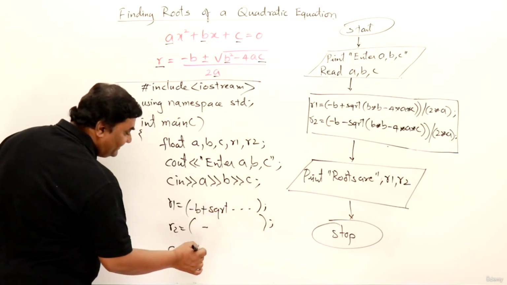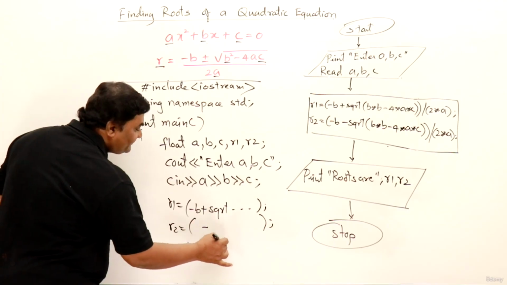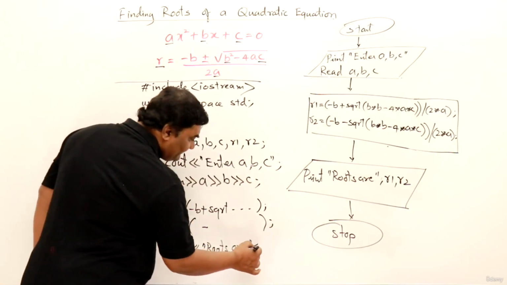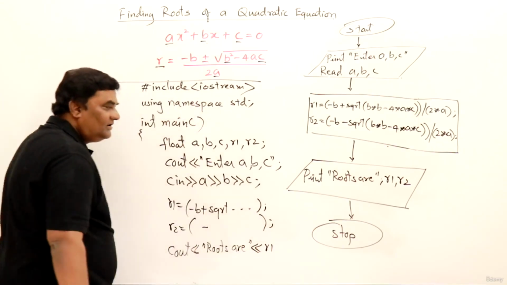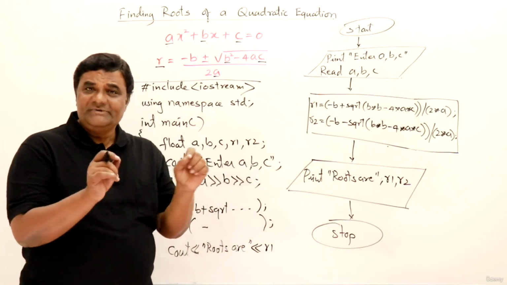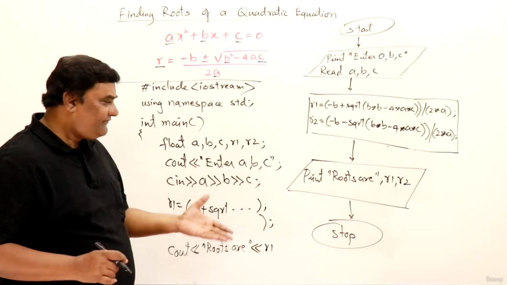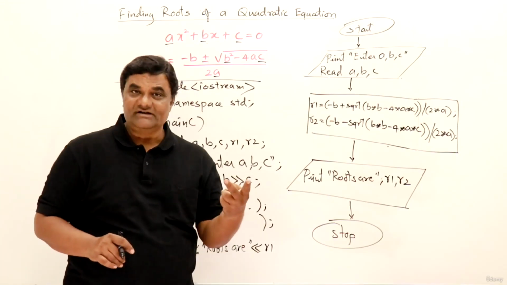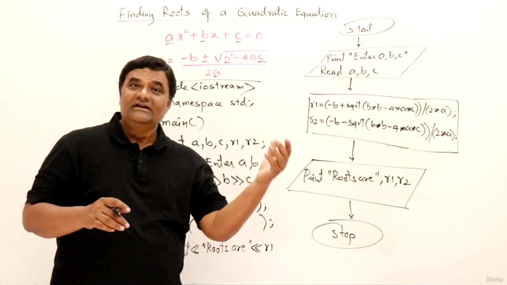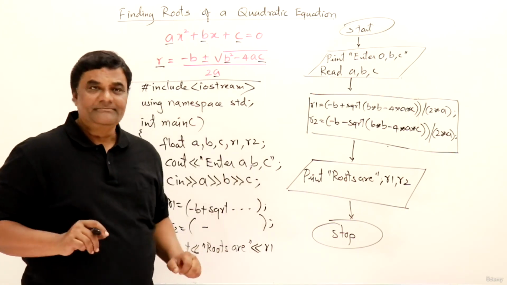Now watch this carefully. I will say roots are, then after this the first root, then the next root, the second root. But there should be a space between the two values, because this time we are displaying two values. Suppose one value is 1 and the other is 1.5, there should be a space between them.